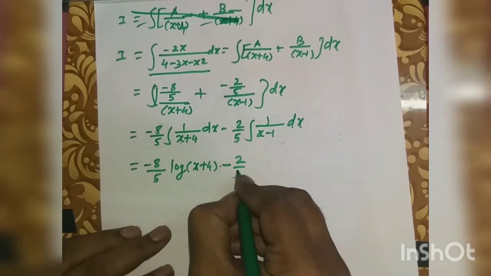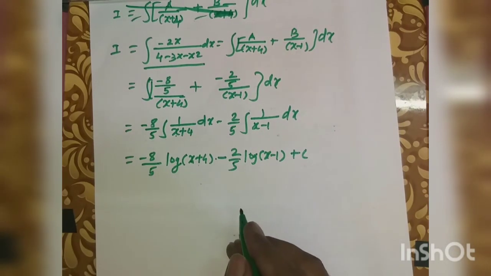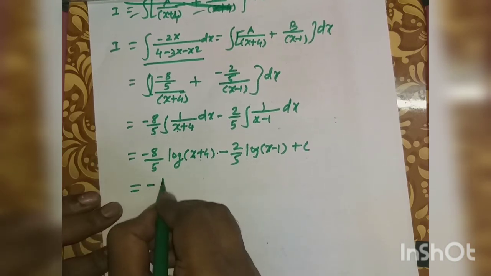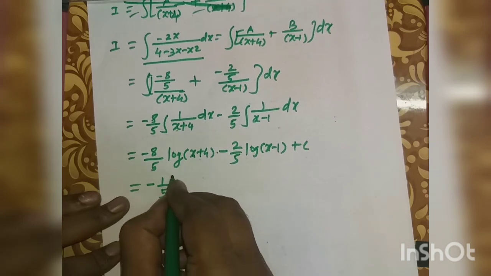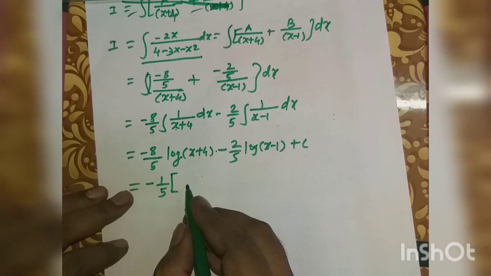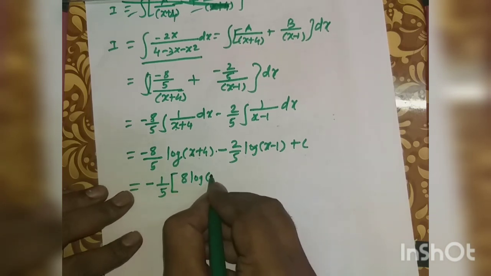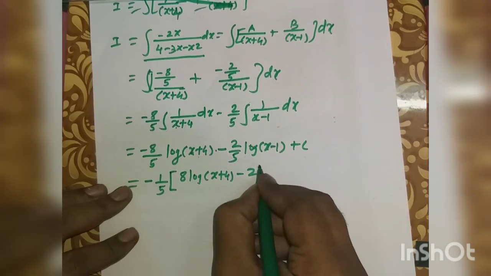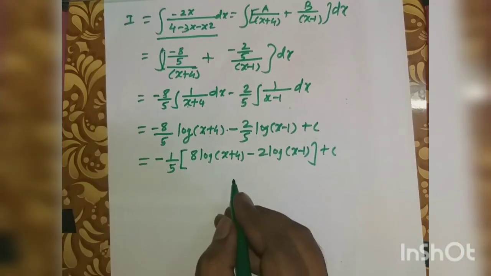Minus 2 by 5 into log of x minus 1 plus constant c is the final answer. We can take minus 2 by 5 common: log of 8 log of x plus 4 minus 2 log of x minus 1 plus c.